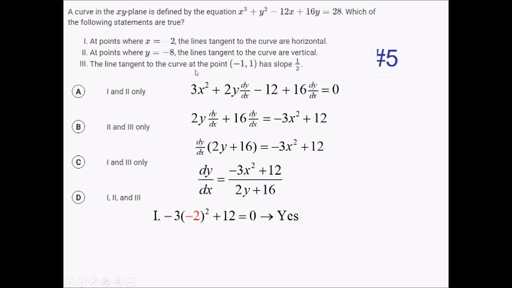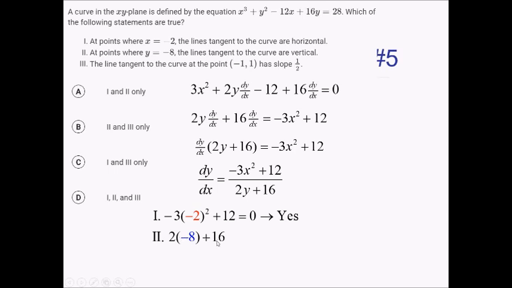Now for the next one, option 2, where y equals negative 8, lines tangent to the curve are vertical. Well, vertical tangent line would mean you have an undefined slope, which would mean your denominator was 0. So if I plug in negative 8 for y, does that make the denominator 0? Let's try it out. 2 times negative 8 plus 16, using the denominator here.